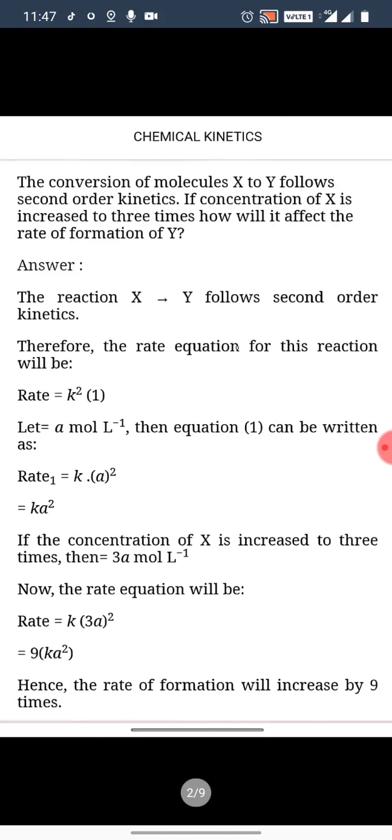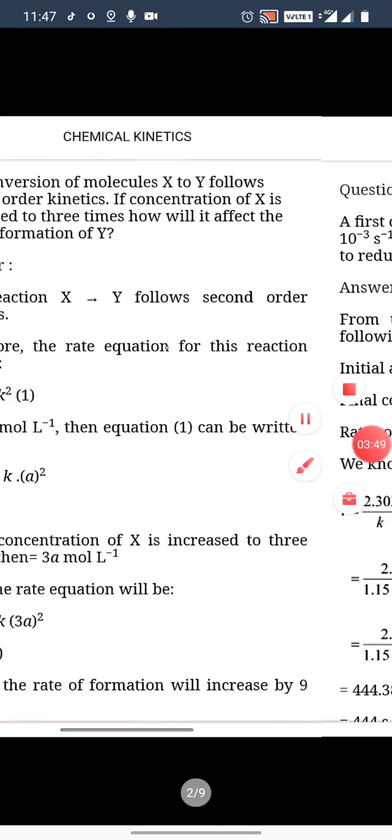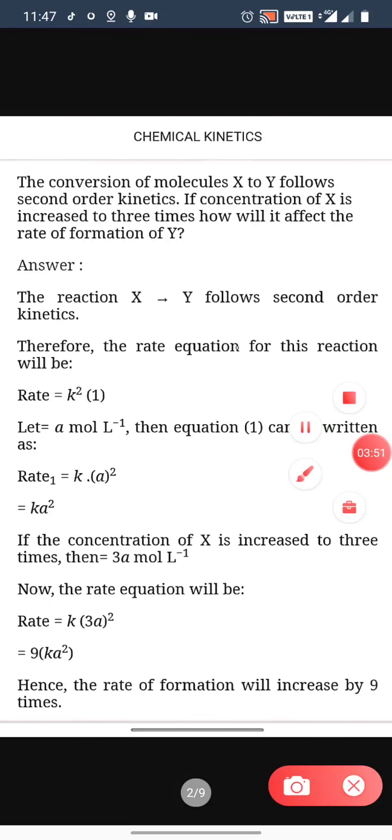The next numerical is: the conversion of molecules X to Y follows second order kinetics. Second order kinetics. Okay, so these points are to be noted whenever you are solving a question. Second order kinetics is being followed here. If the concentration of X is increased to 3 times its initial value, how will it affect the rate of formation of Y?